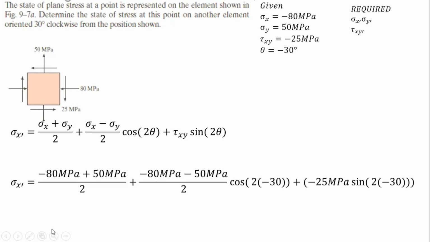So, kung gusto nyo i-check na yung dimensional analysis, so ang matitira na unit sa atin dito ay megapascal lang naman. So, ang magiging final answer natin dito is for sigma x prime is negative 25.84936 megapascal. So again, yung answers natin, ipakita nyo up to 5 decimal places. So next, proceed tayo sa sigma y prime.